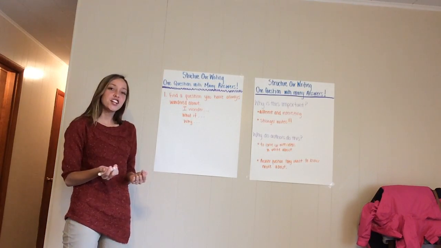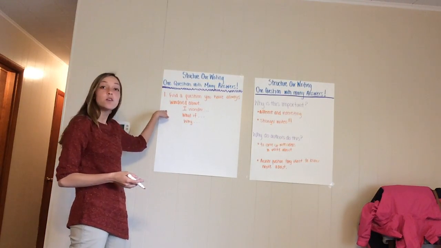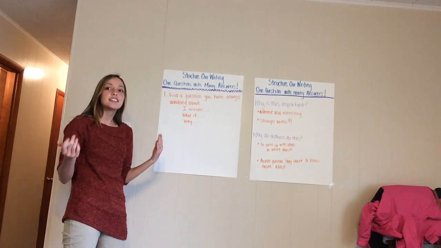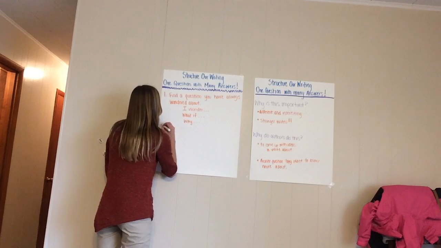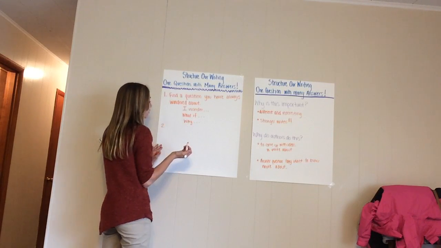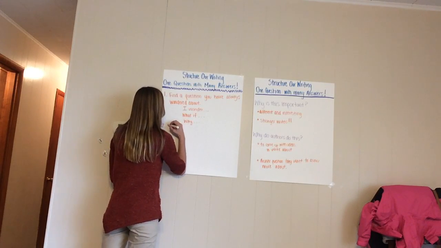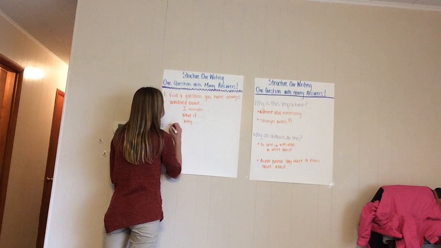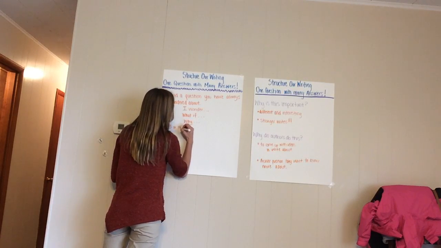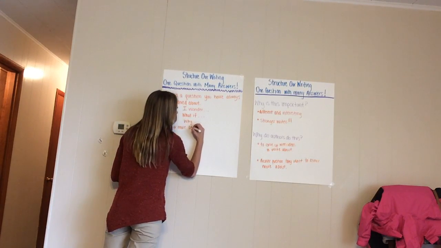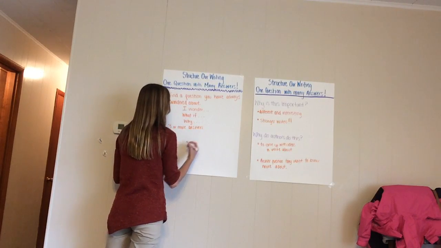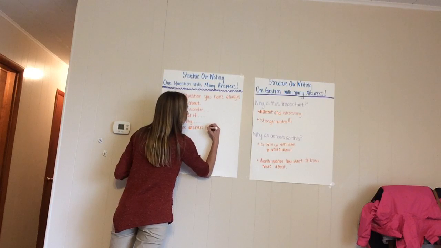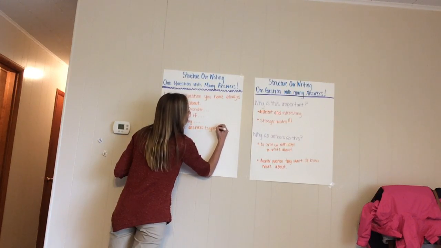The second thing you're going to do once you come up with a question is find answers to that question. So I'm going to have you find many answers. Let's do 3 or more answers to your question.